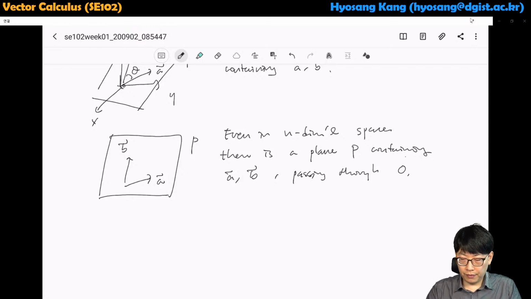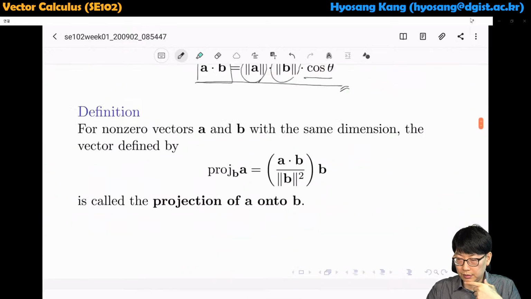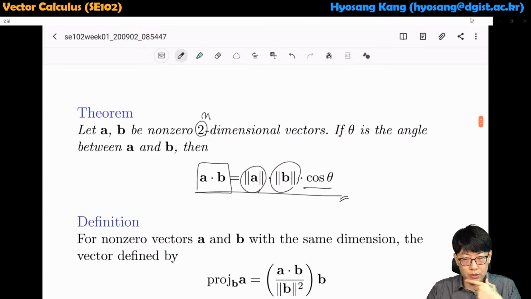Then everything works fine. You can define your angle between two vectors inside of that two-dimensional space, and the formula applies. So therefore, this theorem works not only for two-dimensional vectors but also for any n-dimensional vectors, and you can define orthogonality of two n-dimensional vectors as long as you have an inner product.